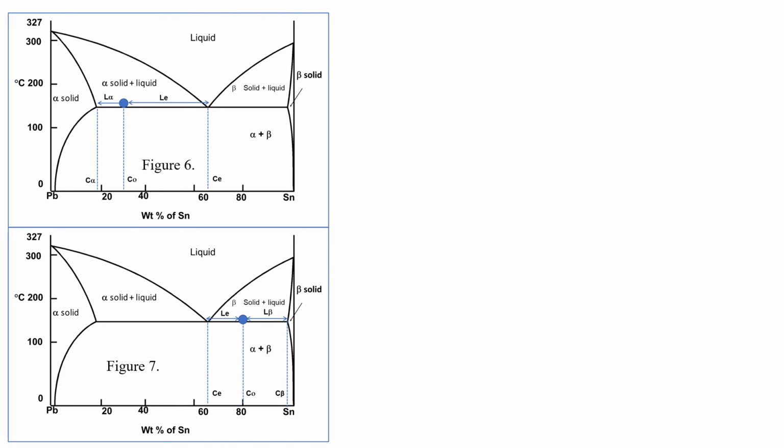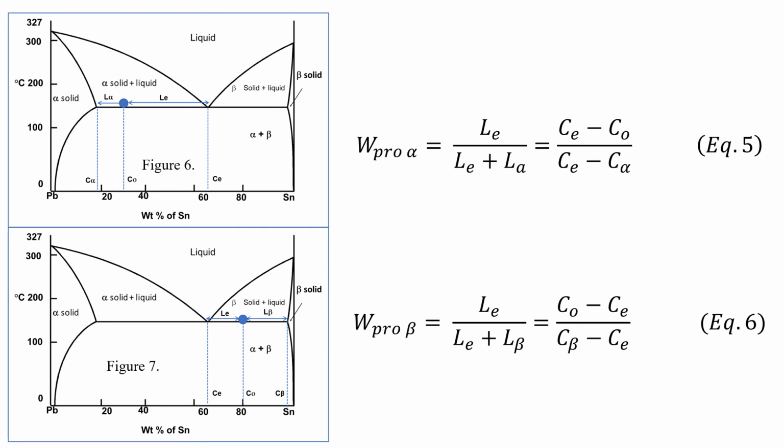The first one, figure 6, is for when the pro-eutectic phase is alpha phase, and figure 7 is for when the pro-eutectic phase is beta phase. With these graphics, we determine the percentage weight of the pro-eutectic phase that is needed. In that way, we will find equations 5 and 6. And remember, we use the lever rule to solve the equations.